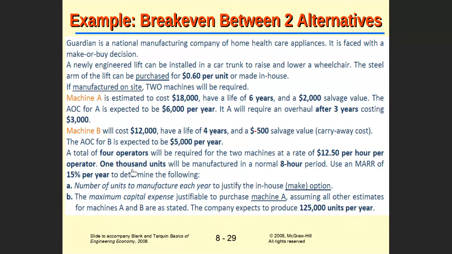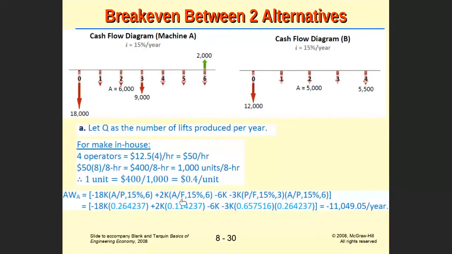If 1,000 units will be produced in 8 hours, and we have the cost per hour for the 4 operators, we can get the unit price by dividing over 1,000. How will we do that? I will skip this slide here and come back again.